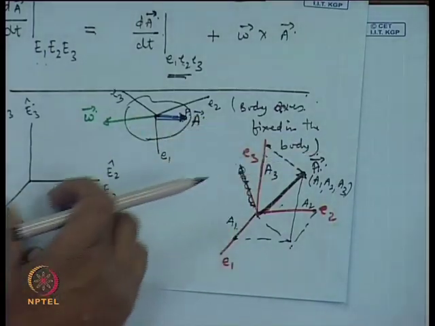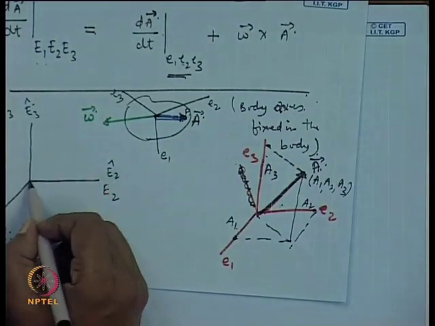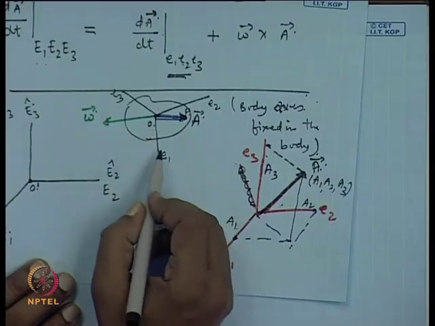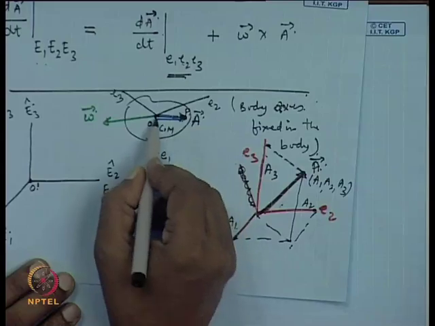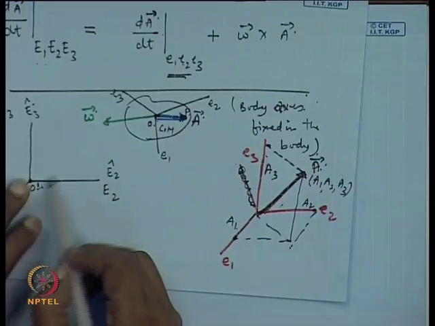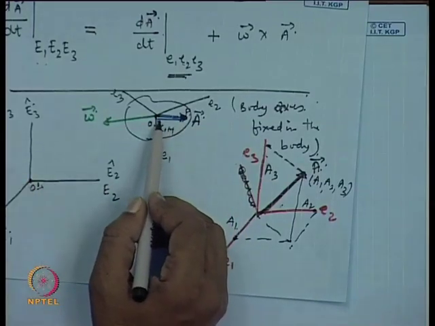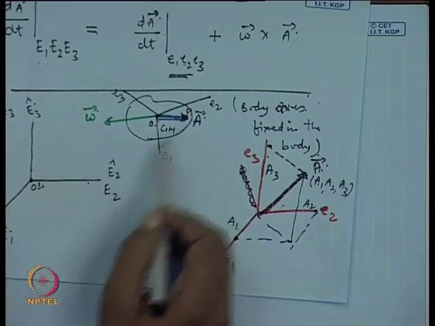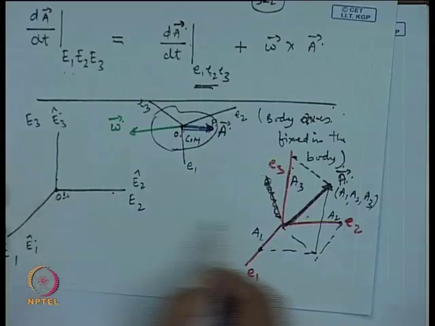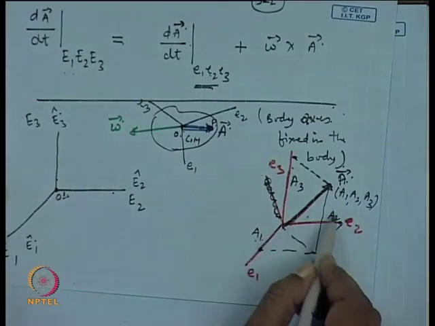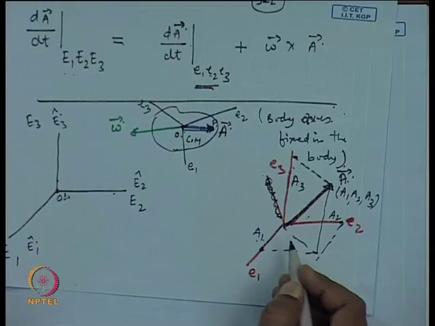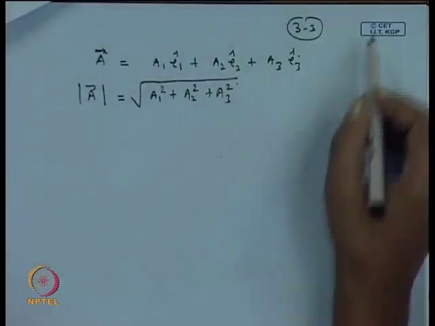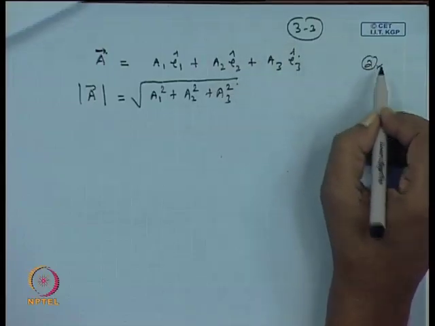Equally, if you see this vector from the inertial, non-rotating reference frame, this is the center of mass here, you can see its components lying along the E1, E2 and E3 directions. Naturally, these components will be different. They will not be the same as A1, A2 and A3 written here. We are using capital A to differentiate it from the small a, which is often used for acceleration.